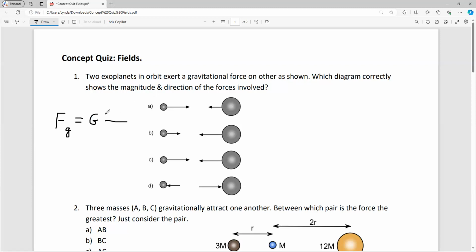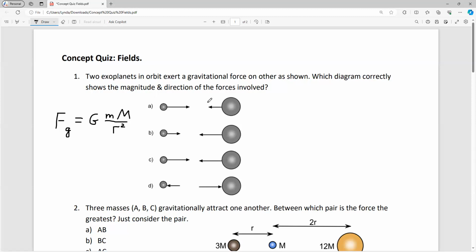So here you have a small mass and a bigger mass. We can use a smaller letter and a bigger one. And what is in the denominator? For all of them it's something similar: distance between them squared. So it's distance between the masses squared, radius, between centers of mass.